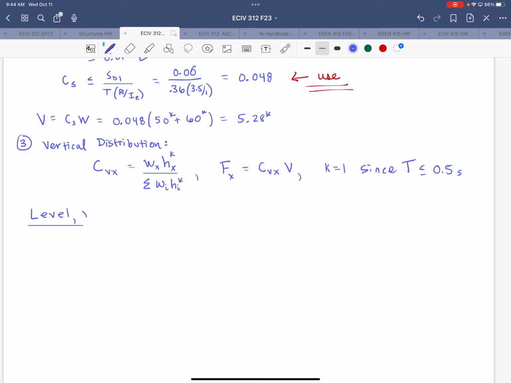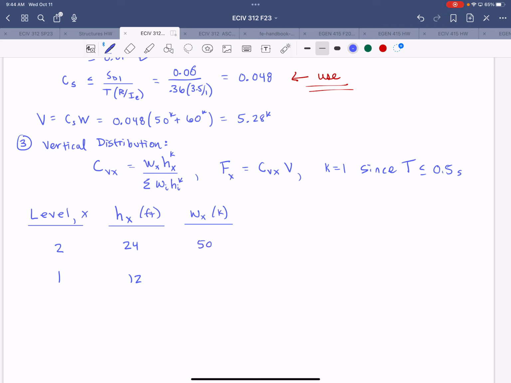So we'll call the level X, right? And that's the level above the base. So we have 2 and 1. And then the height to that level from the base in feet. All right, so it's 24 to level 2 and 12 feet to level 1. The weight of that level above the ground in kips, that's the seismic weight associated with each level.